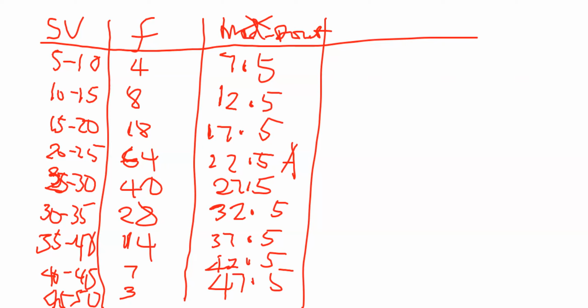Any question? There are two types of mean: the actual mean and the assumed mean. When they talk about the assumed mean, we are going to use it to find the actual mean.